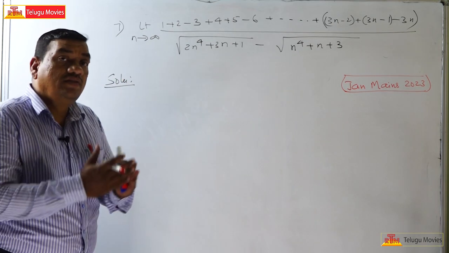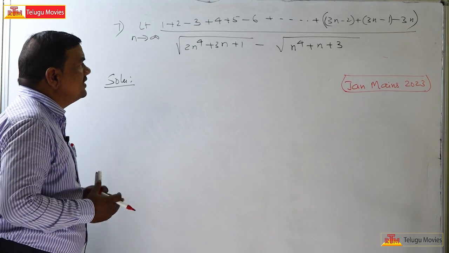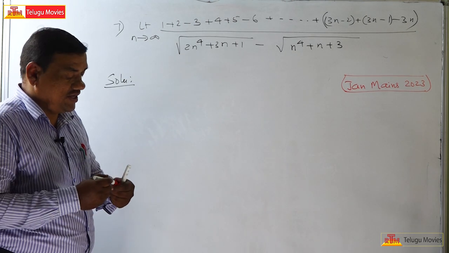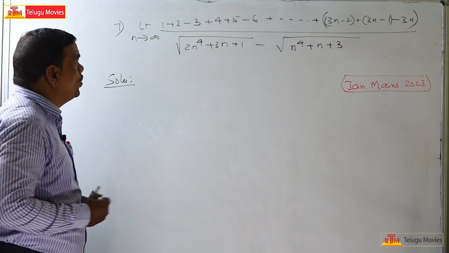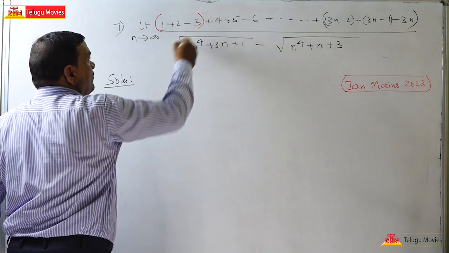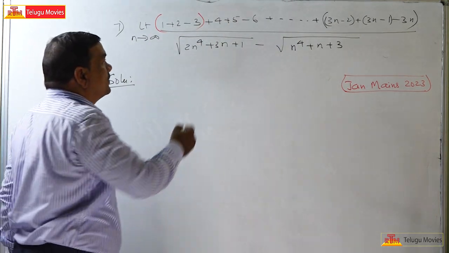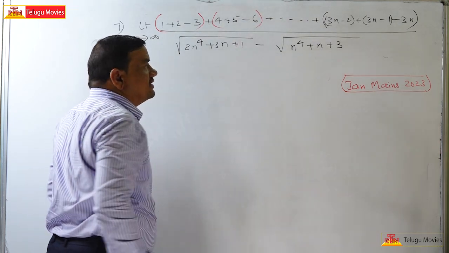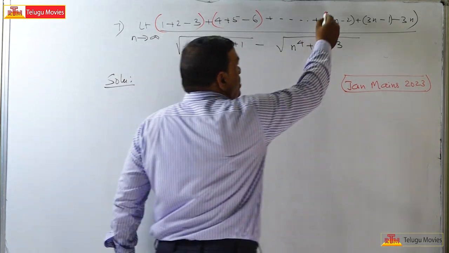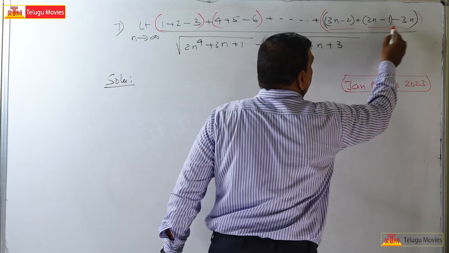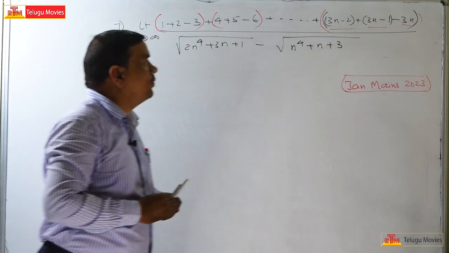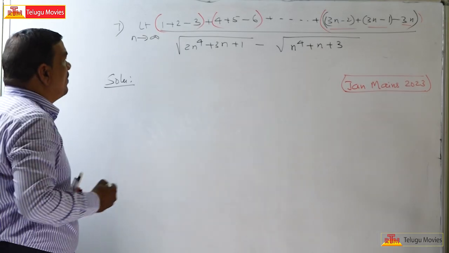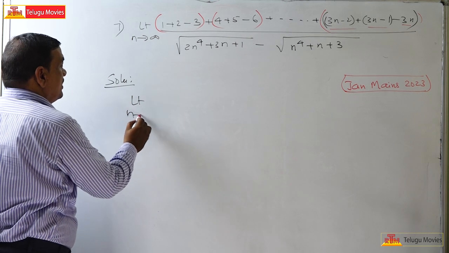In the numerator, this type of series is very important. So here let us group the three terms. The first three terms as a group, next three terms as a group, and so on up to the last three terms. 1, 2, 3, these three terms as a group. Let us calculate what happens in the numerator.